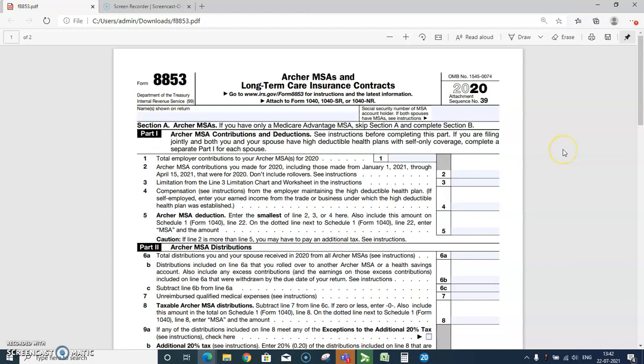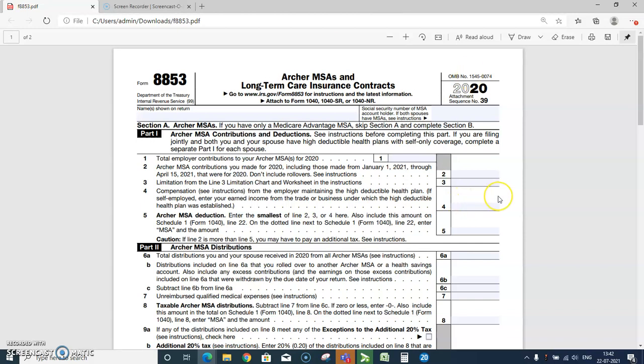Generally we use Form 8853 to report Archer MSA contributions including employer contributions, figure your Archer MSA deductions, report distributions from Archer MSAs or Medicare Advantage MSAs, report taxable payments from long-term care (LTC) insurance contracts, and report taxable accelerated death benefits from a life insurance policy. If your spouse meets any of the situations above and you are filing jointly, include the form with your joint return even if you had no such activity.